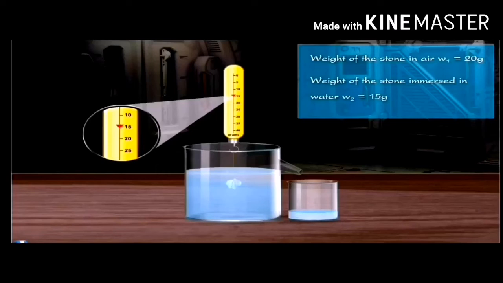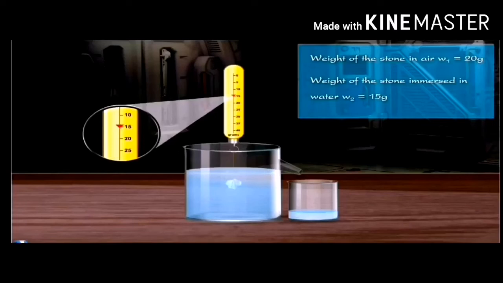But when it is fully immersed in water, the weight of the stone decreases. That is, the weight of the stone is 15 gram, that is W2 equals 15 gram. And students, you must record the reading of the spring balance with the stone completely immersed in water.